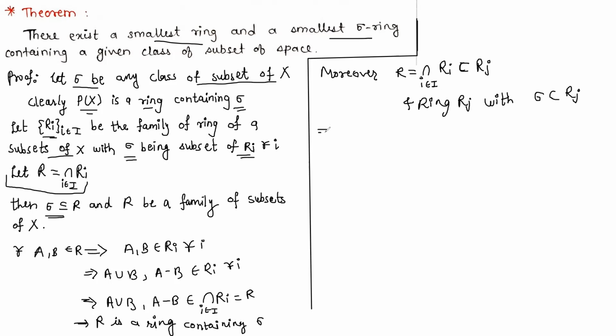So therefore this R becomes the smallest ring containing sigma completely.